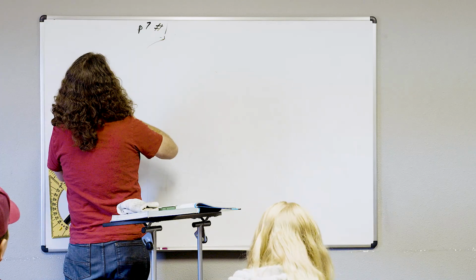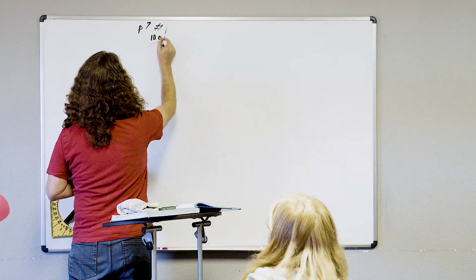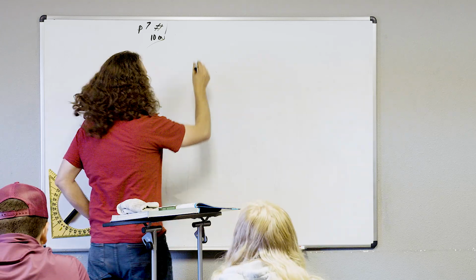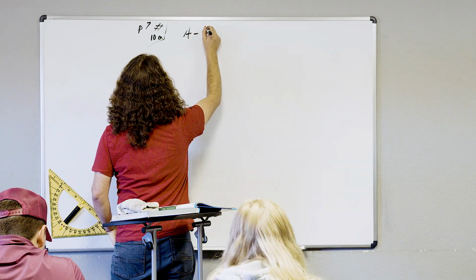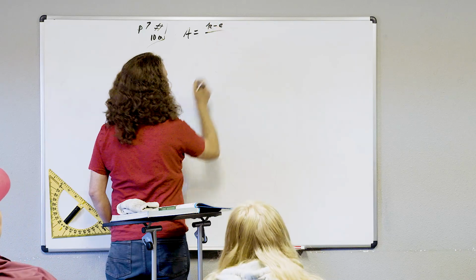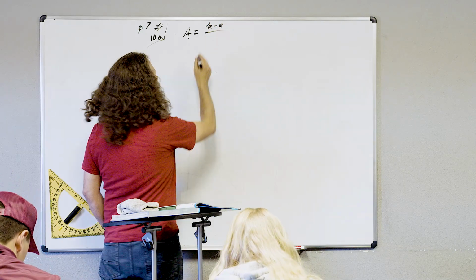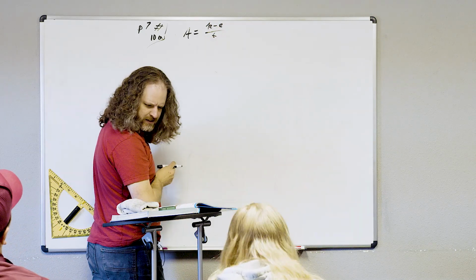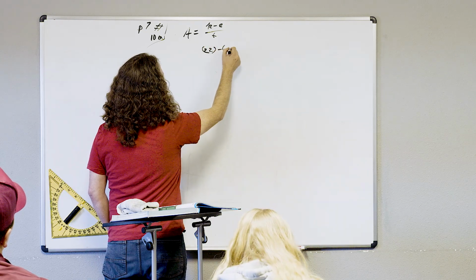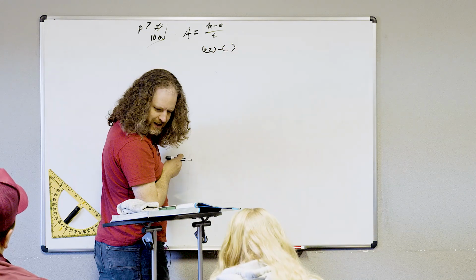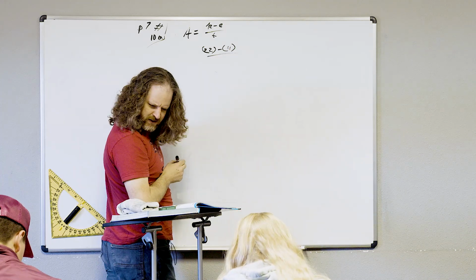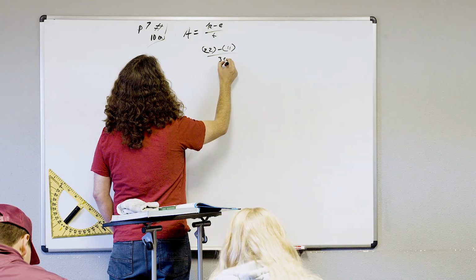You would shove the numbers in there and solve it, right? So the formula was A equals K minus E, over T. And it tells us that K is 22 and E is 11 and T is 35.